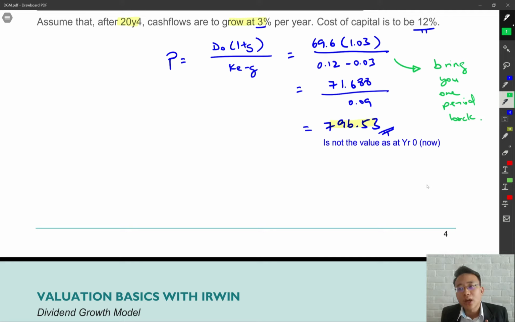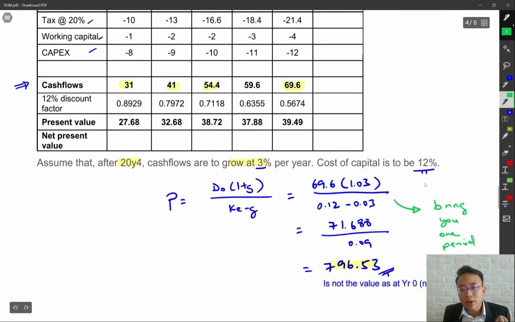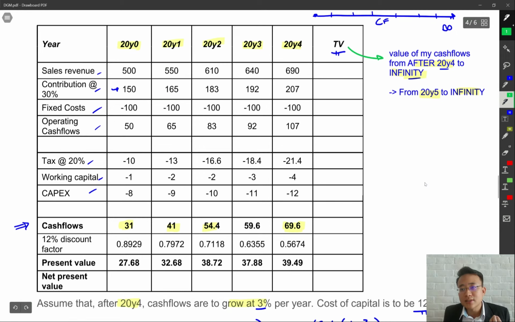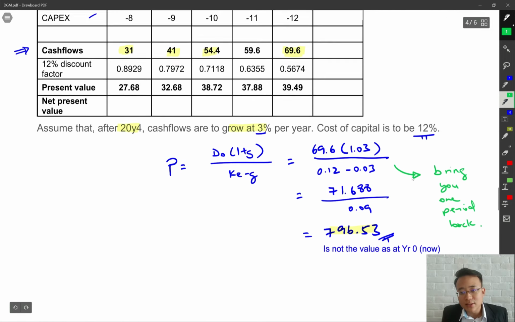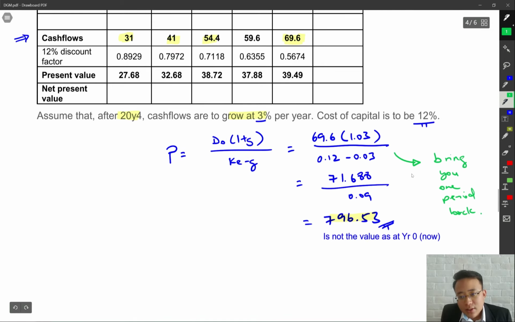The question you have to ask then is, what is the cash flow that we are looking at? What period is the cash flow that we are looking at? Now, we look above. Didn't we earlier say, I am staring at my cash flows from 20Y5 to infinity? And it does make sense, isn't it? You look, isn't this cash flow here 20Y5?